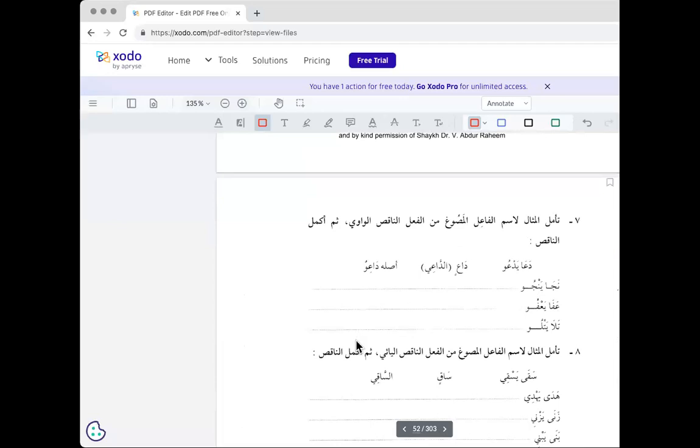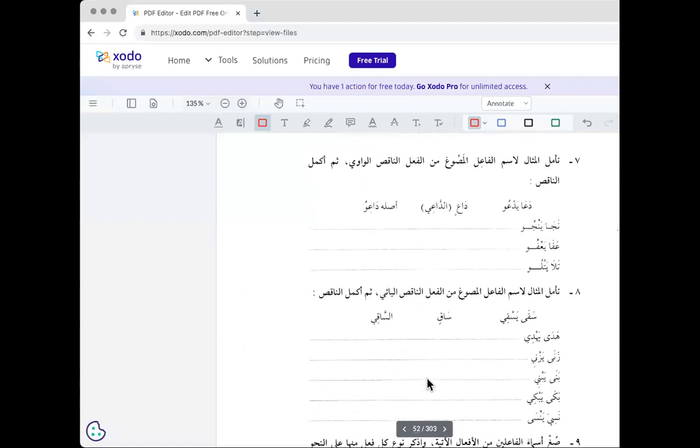Okay. The next exercise is al-fi'l al-naqis. Now, al-fi'l al-naqis has the same situation. Either the last letter originally is waw, or the last letter originally is ya. So it's a naqis al-wawi or a naqis al-ya'i.